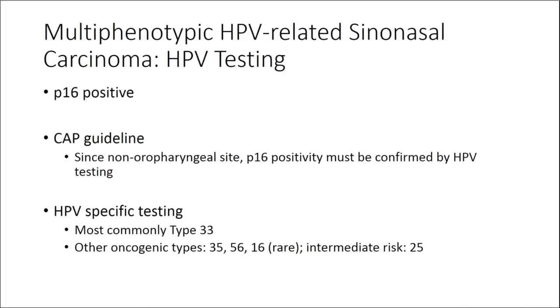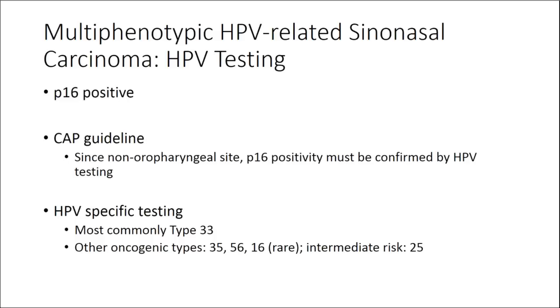So there were recent guidelines that came out about HPV testing by the CAP recommendations. So in the sinonasal tract for carcinoma, these lesions are P16 positive, but according to the CAP guidelines, since this is a non-oropharyngeal site, P16 positivity must be confirmed by HPV testing.